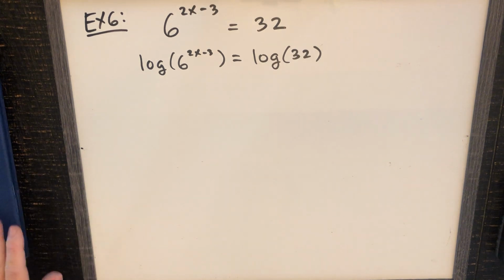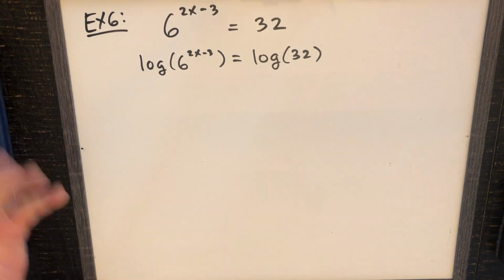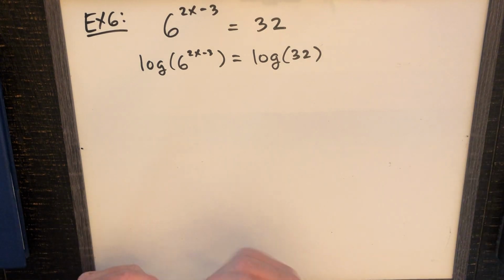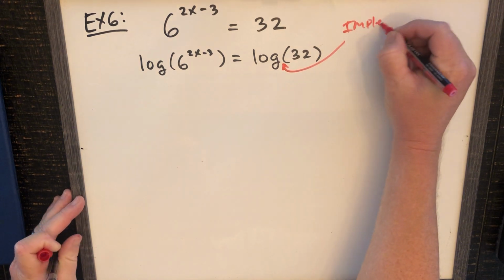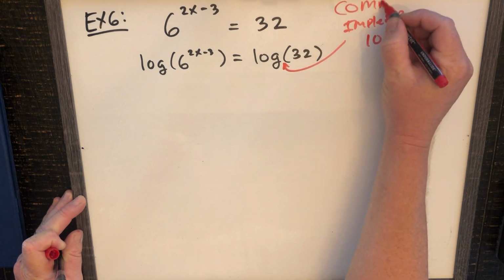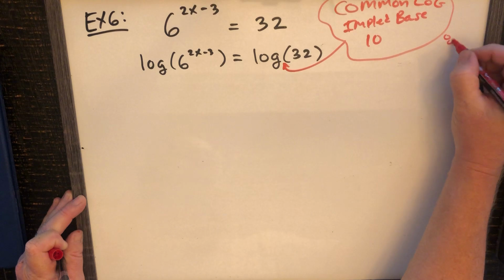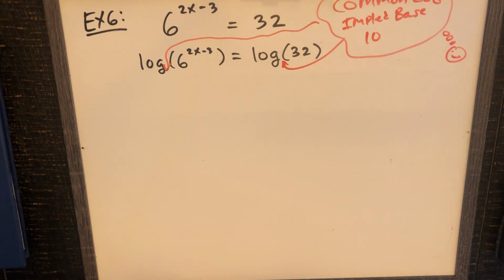Now, the only price you pay for doing it this way is you're not going to get the nice cancellation that we had, because now I'm using a common log. This is implied to be base 10. That's what we call the common log. And so that applies to both of these logarithms here.